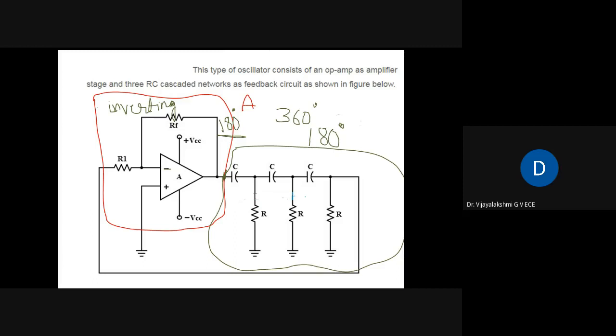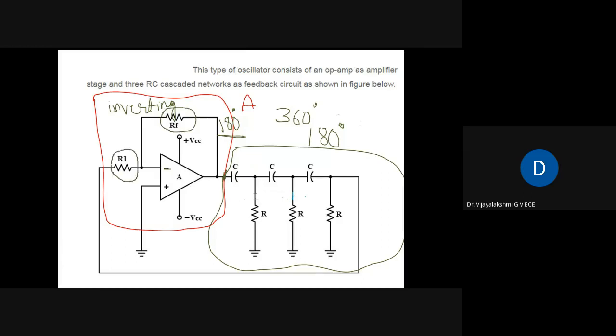Okay, so what is A? That is the open loop gain. So A into beta should be equal to 1. So for our RC phase shift oscillator, we select the elements which contribute for the gain. What are the elements which contribute for the gain? RF and R1.